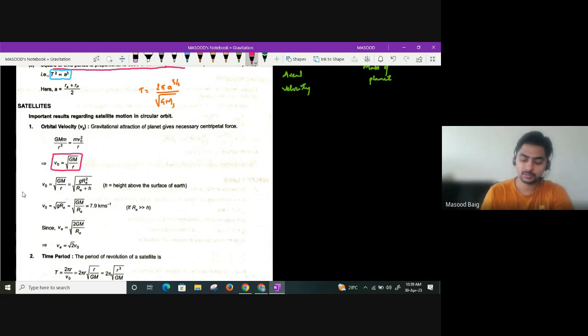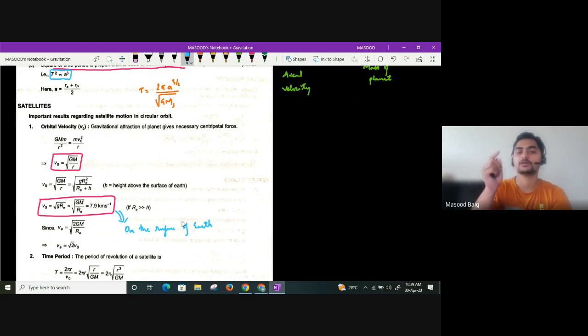If you take near the surface of Earth, it will be 7.9 kilometer per second. If I want to revolve a satellite close to the Earth, I should at least give a speed of root over GM by r or root over small g into r, which is 7.9 kilometer per second, guys.